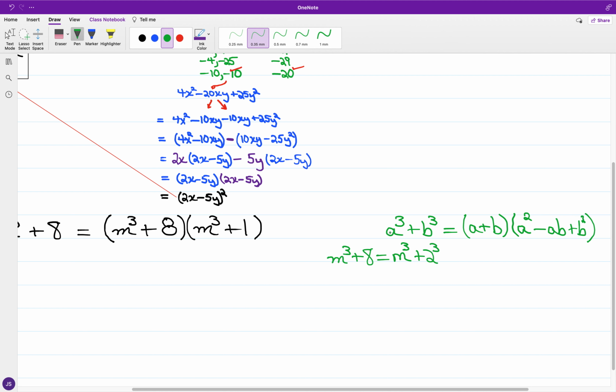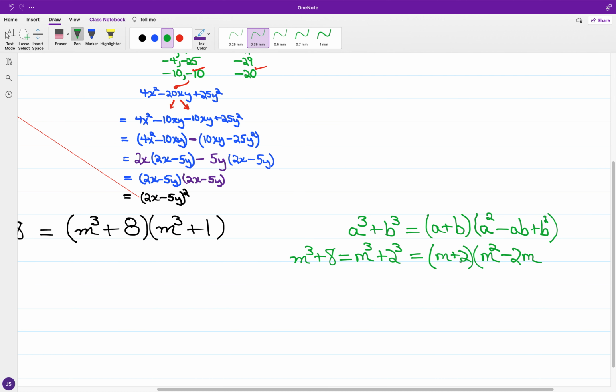You can look at a as being represented by m, b represented by 2. For a plus b, we have m plus 2. For a squared, that's m squared, and minus a times b, so the subtraction of the product of m times 2, which becomes the subtraction of 2m. And b squared translates to 2 squared, which is 4.